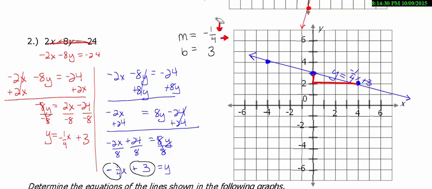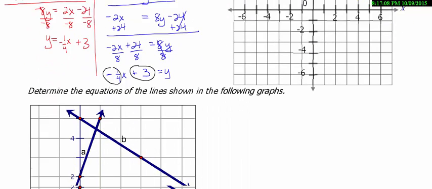If I would have thought of this in terms of the negative sign going with the 4, then I would have moved up 1 and left 4 from the y-intercept. So again, up 1 and left 4. And that's where I would come up with my other ordered pair. So again, you're only allowed to put the negative sign with either the top or the bottom, numerator or denominator.